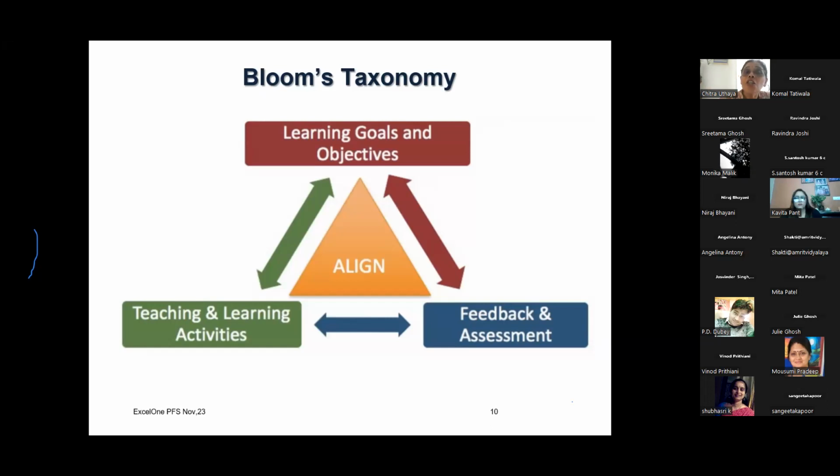And if you've not achieved the learning outcomes, what are the changes that you will need to make in your teaching learning activities? So you must see whether there is an alignment between these three aspects when you look at your lesson plans, when you review the way you have taught something in class. Is there an alignment? Is there a mismatch? That is what you need to pay attention to.